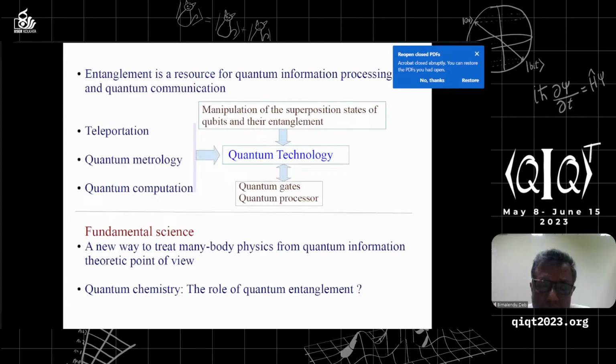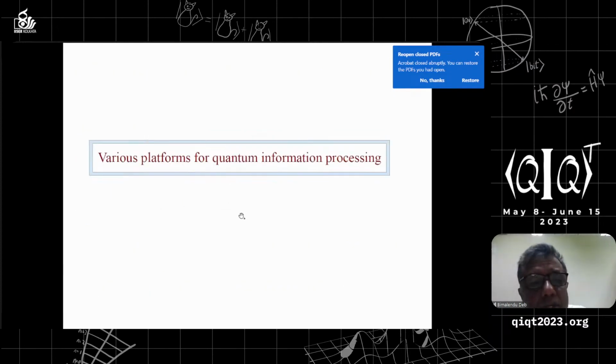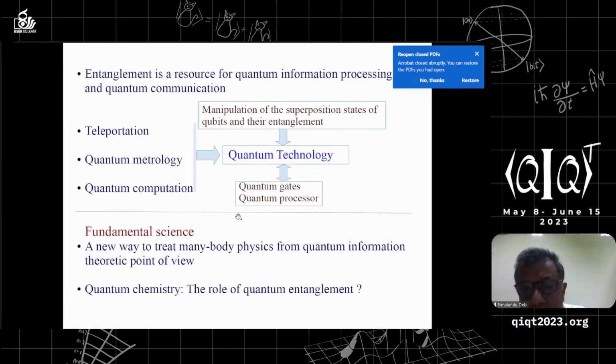But not only for quantum computing, applied quantum mechanics is also about many other tasks, like quantum simulation of quantum many-body systems or any quantum systems which are hard to solve. Then we can simulate using a quantum computer. And then we can also do teleportation. Another important area is quantum sensing and metrology, using quantum mechanical principles to make new devices. And of course, there is quantum computation.